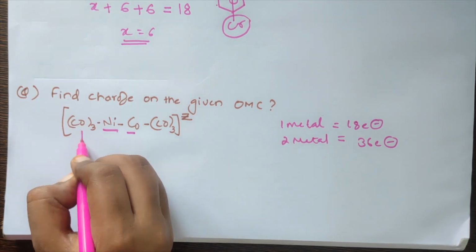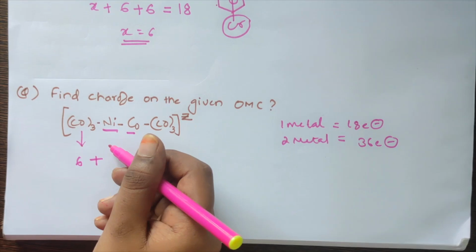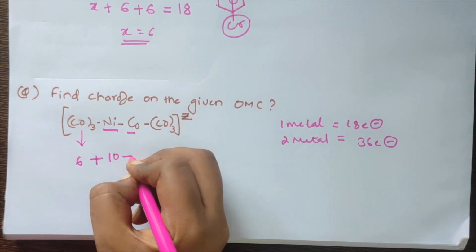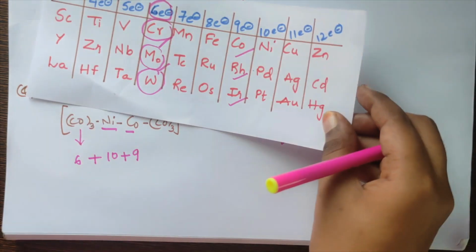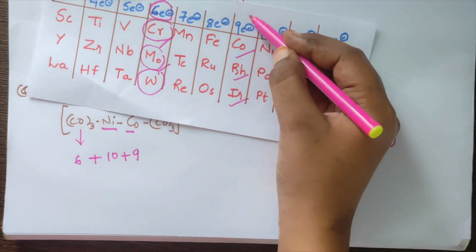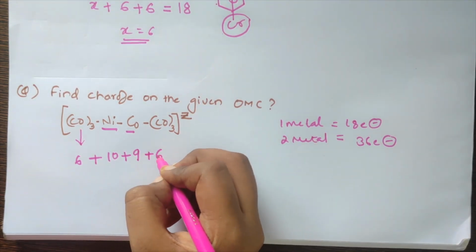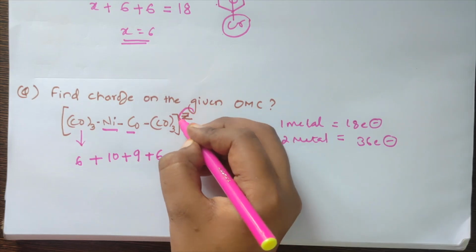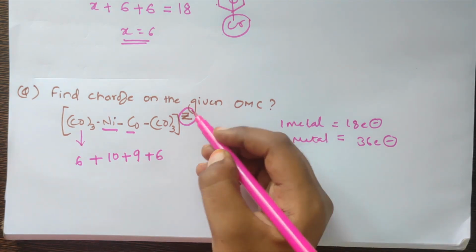Here the carbonyl ligands are 3 plus 3, which is 6 carbonyls, and the nickel will be donating 10 electrons and the cobalt will be donating 9 electrons, as you can see here. The nickel family donates 10 electrons, and the cobalt family donates 9 electrons. And again there are 3 carbonyl ligands, and here there is a charge. Sometimes we take the charge in the plus manner and sometimes in the minus manner, based on the charge on the complex.